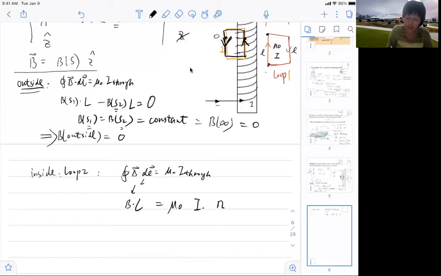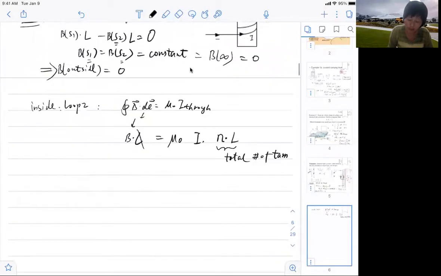Let's say 20 turns per centimeter, and that's 100 centimeters for now. So the total number of turns is n times L. You can see that L cancels out, and B is mu naught n times I, which is the B field inside the solenoid in the Z direction.